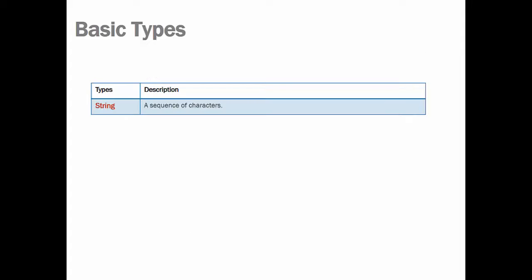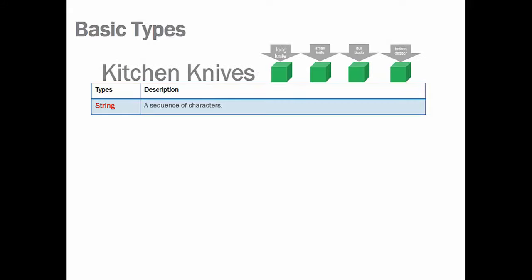And the last one is a string. So again, looking at our kitchen knives placeholder, I've got my 4 boxes and I'm putting stuff in there. I decided to put knives in the first box, and these are long knives. I'm just going to call them long knife. One knife goes in that box by definition. The next box is a small knife. The third box is a dull knife.